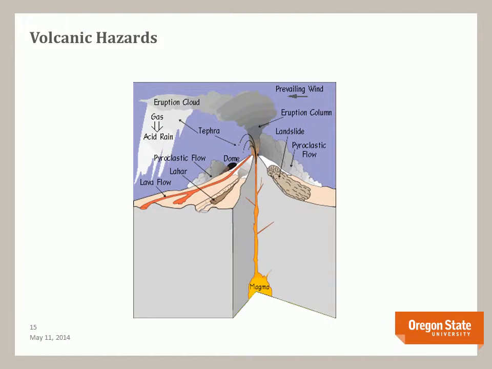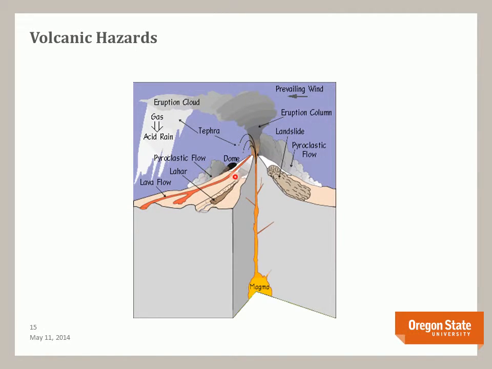Okay, so let's now talk about some specific volcanic hazards. So here's a model from the USGS, United States Geological Survey, of a volcano with the magma source down here, and this lists all the different hazards. So we have the eruption cloud, which can produce noxious gases and acid rain. We have lava flows, which go away from the crater.